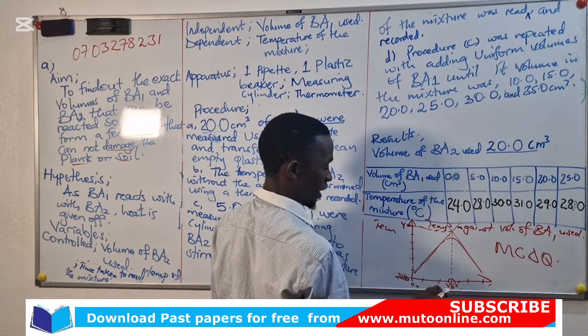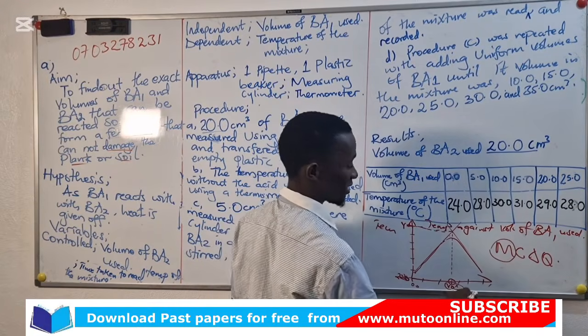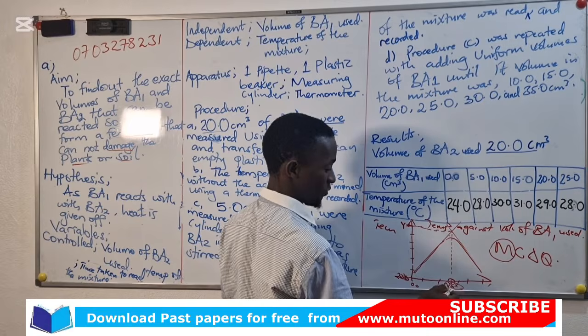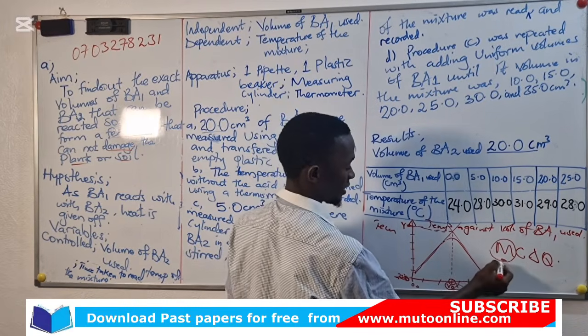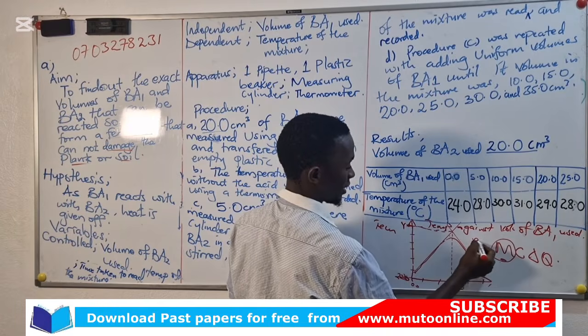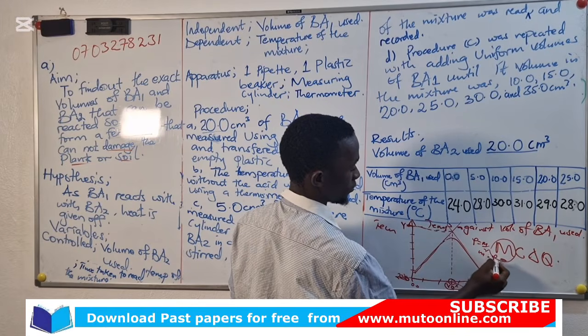So this standard maximum volume would help us to get the mass. So we use this standard volume here to get the mass. Remember, density is mass over volume. So this means the mass is volume times density.